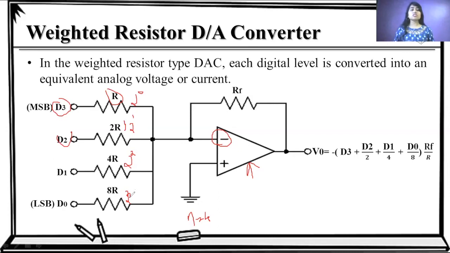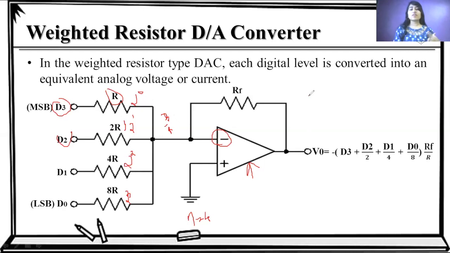Now, how is this binary pattern converted? First, here we have D3 and we have R. So the current is equal to D3 divided by R. Now we consider a feedback resistor RF, and the operational amplifier amplifies the signal.